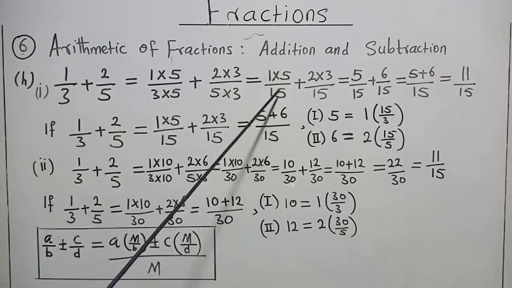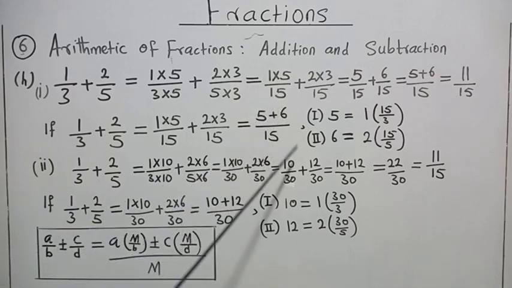You can repeat the same thing with M being 45 or even higher. In the meantime, I just believe that you have known what this M stands for. All right, so this is the second formula and a more encompassing formula for adding and subtracting fractions.